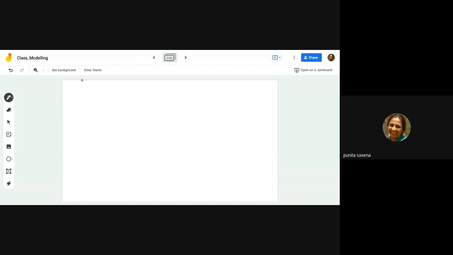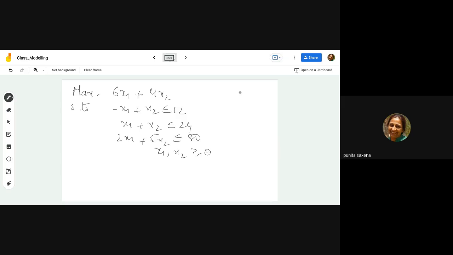The problem is to optimize, but I'll start with maximize: maximize 6x1 plus 4x2 subject to the constraints minus x1 plus x2 less than or equal to 12, x1 plus x2 less than or equal to 24, and 2x1 plus 5x2 less than or equal to 80, with x1, x2 greater than or equal to 0.